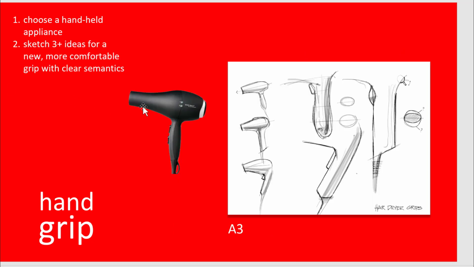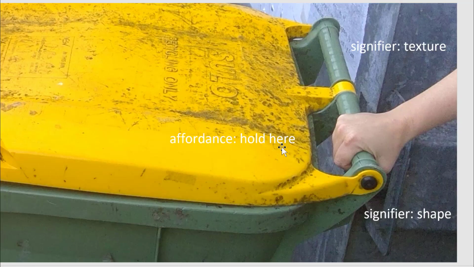I'd like you to draw or find an image of the handheld appliance you're choosing, and then sketch 3 or more ideas for a new, more comfortable grip with clear semantics. Remember, our semantics are affordances and signifiers. How is the person going to know where to hold? What signifier will you use to suggest that's what they should do?